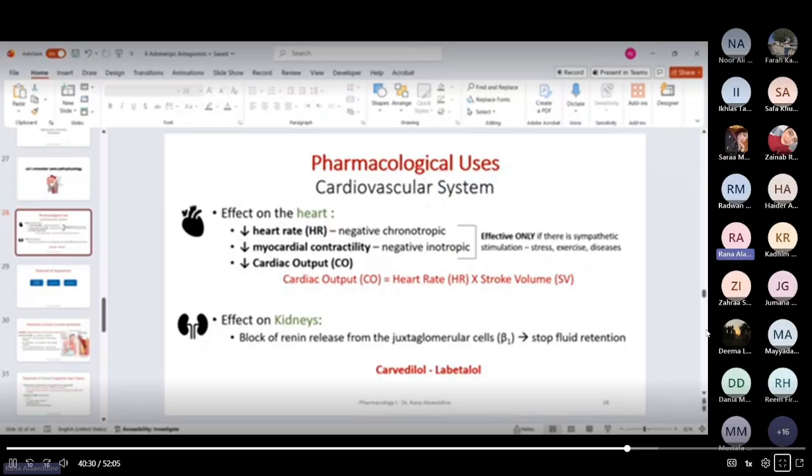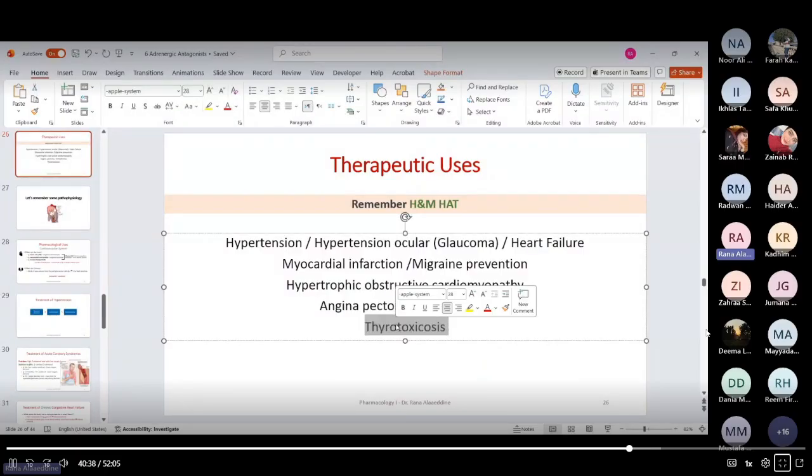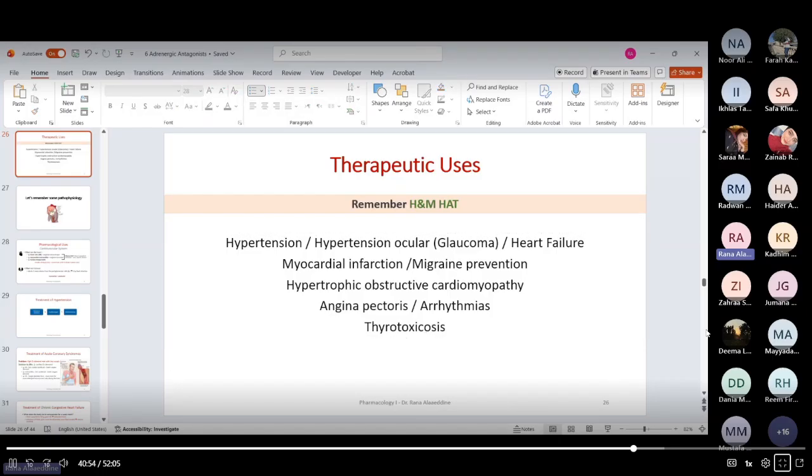One of the things that happens is that the person might start getting tremors, they might have so many symptoms, and this is what we call thyrotoxicosis. Okay, and one of the things that might happen is heart conditions. So increase in the heart rate, tremors in the patient. And this is why, in this case, we have to give a beta blocker to prevent the heart damage in this case. Makes sense?